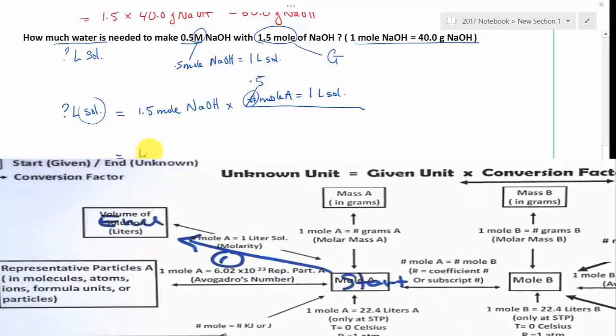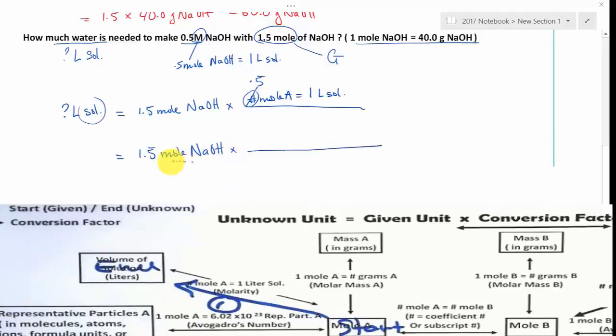Now let's rewrite this. 1.5 moles of NaOH times. If this is moles of NaOH, on the bottom part would be the moles of NaOH, which is A right there. So let me read that for you. Isn't that easy? So 0.5 mole of NaOH. On top would be 1 liter of solution. Notice how the moles of NaOH cancel out.